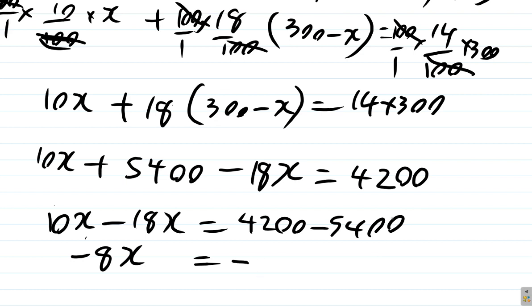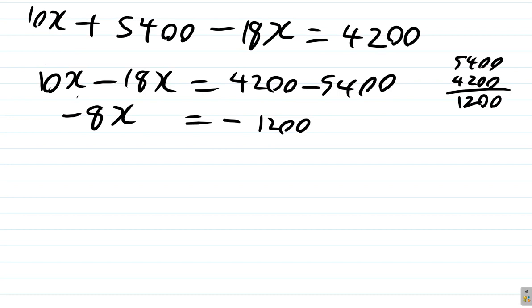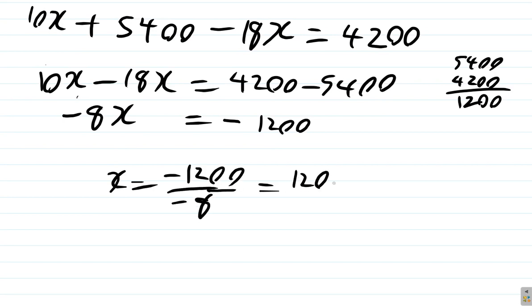You're going to have a negative, but it's like 5400 minus 4200: 0 minus 0 is 0, 4 minus 2 is 2, 5 minus 4 is 1. So we have negative 1200. Now, divide by negative 8. X is equal to negative 1200 over negative 8. It's the same as 1200 over positive 8.